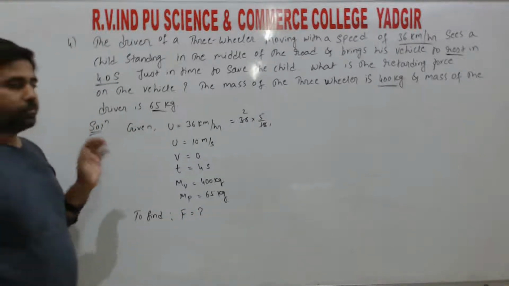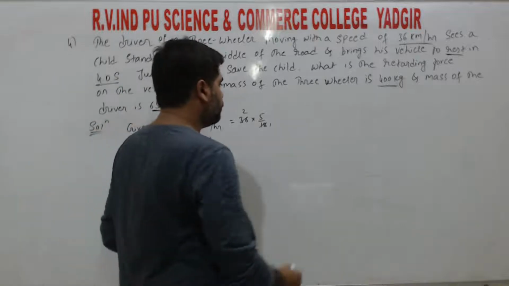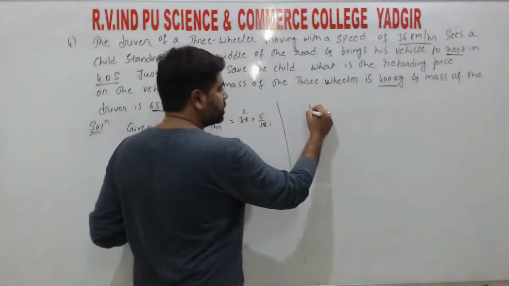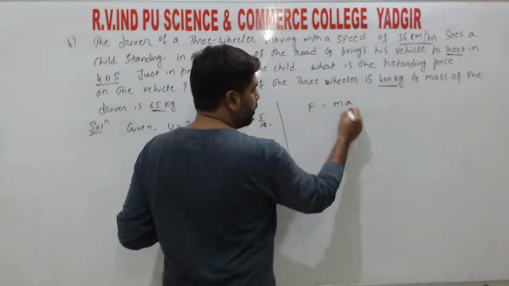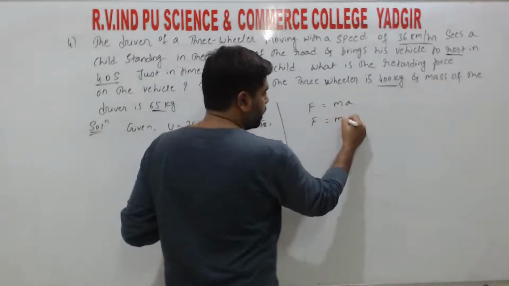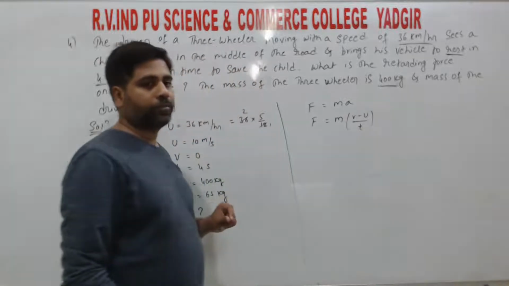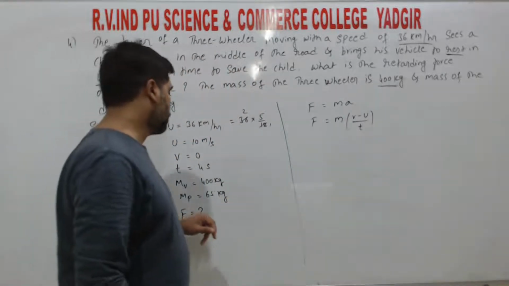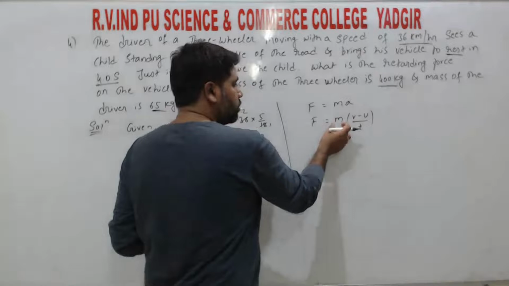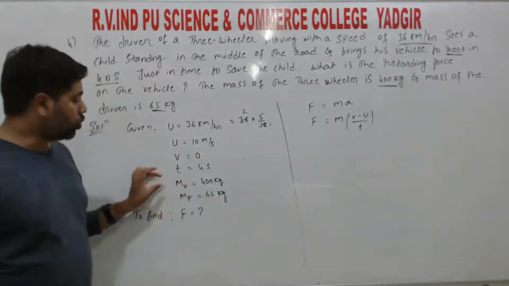So, second problem. Again by the relation, F is equal to M into A. So F is equal to M into (v minus u) divided by t, right? Here M is nothing but the total system.